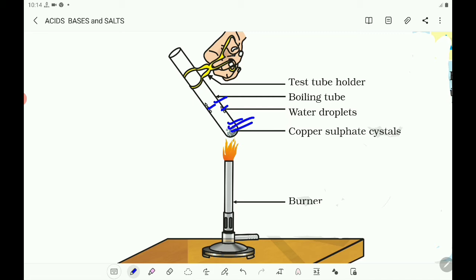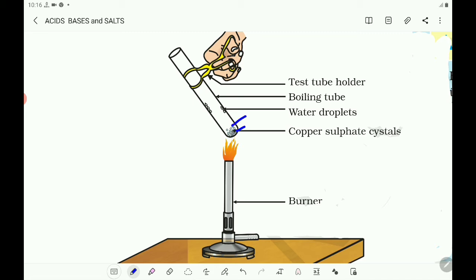To show the action of heat on copper sulphate, you have done the activity, that is, you have taken some copper sulphate crystals in a dry boiling tube. Here what we have observed: copper sulphate crystals which seem to be dry contain water of crystallization. When we heat the crystals, this water is removed and the salt turns white.